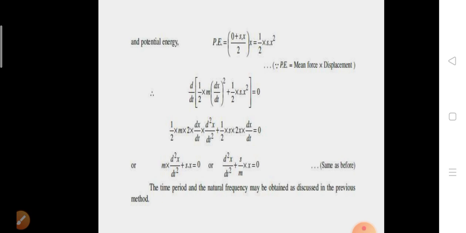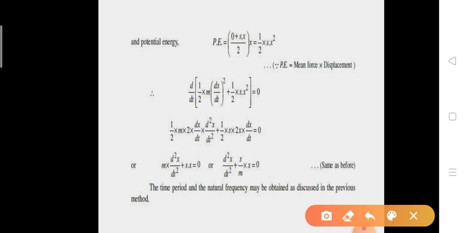So your final value of potential energy is equal to 1 by 2 kx square, or 1 by 2 sx square. Now you put the values of potential energy and kinetic energy into our equation number 1, that is, derivative of kinetic energy plus potential energy equals 0, and you try to solve this.